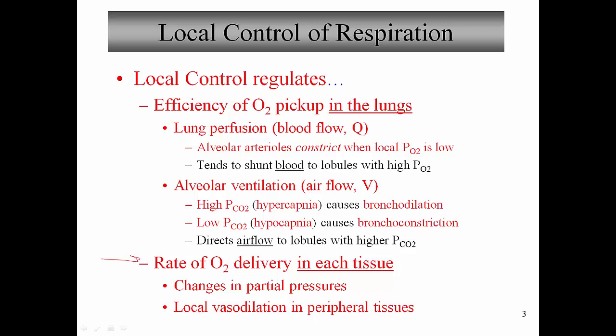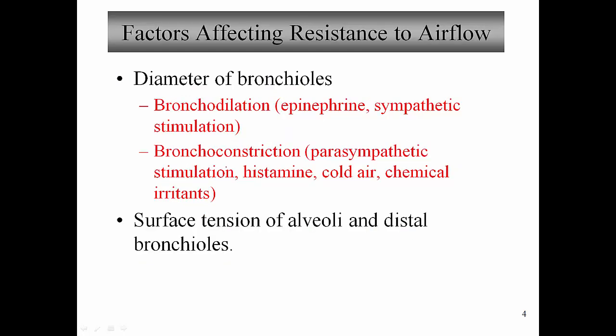Now, as we said before, we also have to govern the rate of oxygen delivery in each tissue, and we're talking about changes in partial pressure of oxygen and CO2 local in the tissues. And remember that local vasodilation in the tissues will occur when these tissues are working harder and the local PO2 is low. Okay, so these are kind of opposite processes in terms of how the lung arterioles work and how the tissue arterioles work and how they respond to different concentrations of O2.